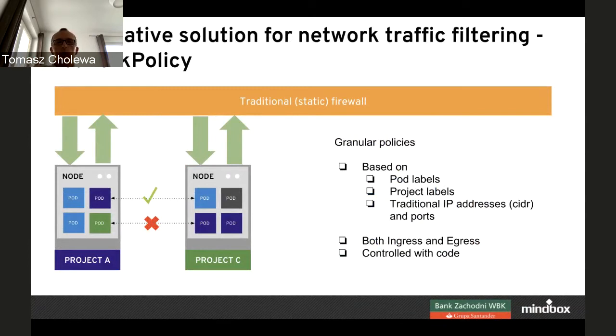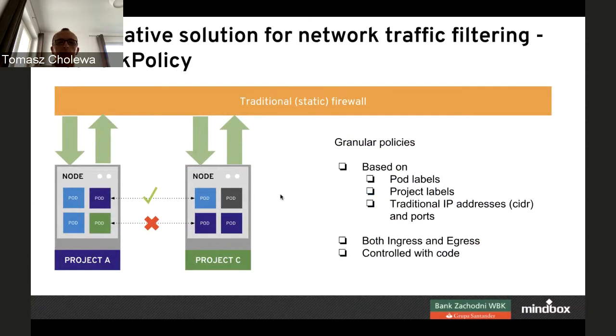This makes the OpenShift solution enterprise ready, because you are now able to filter traffic between projects or environments inside an OpenShift cluster based on very flexible things like pod labels, not IP addresses, based on project labels, not even names.